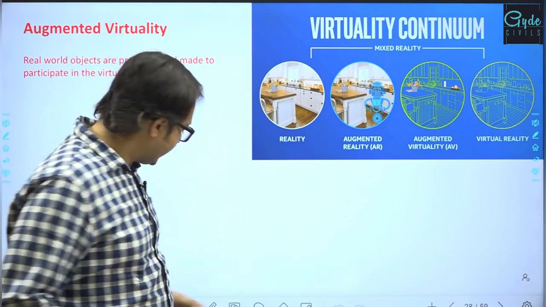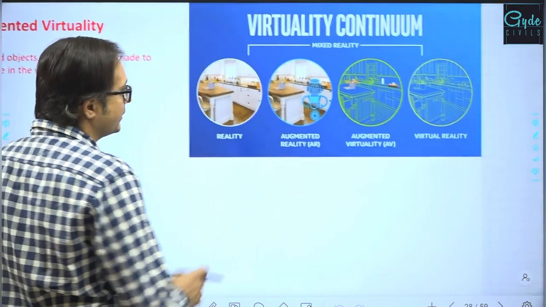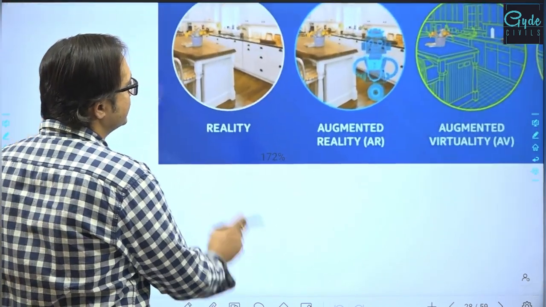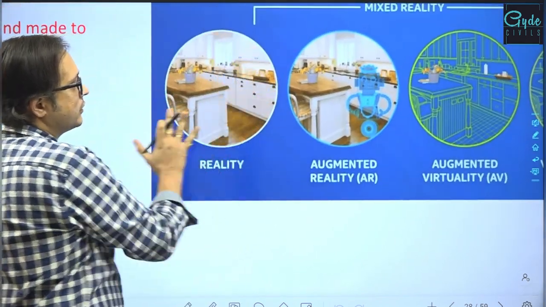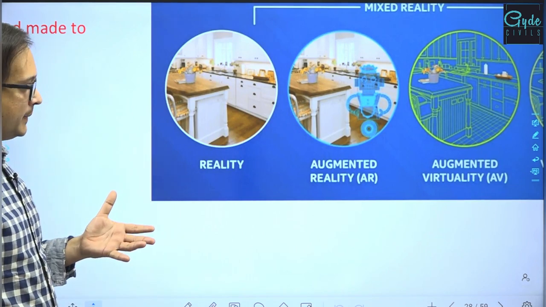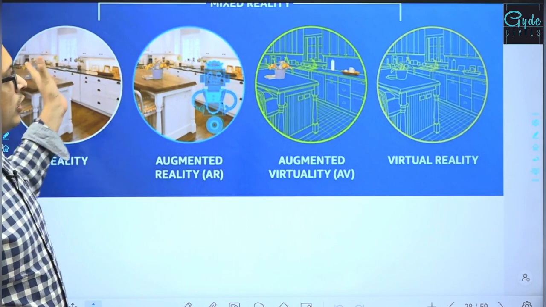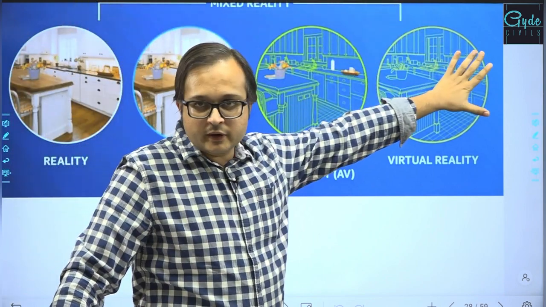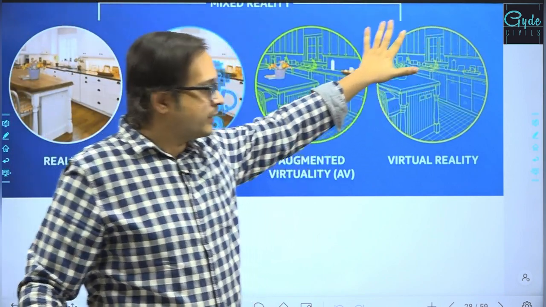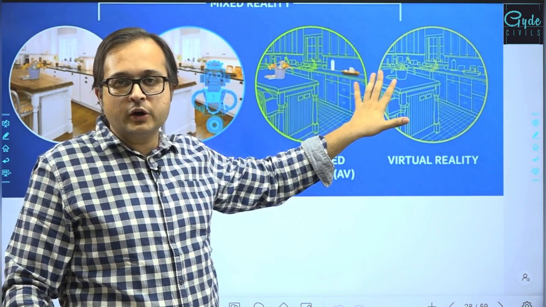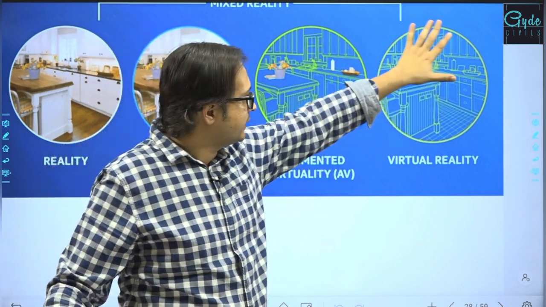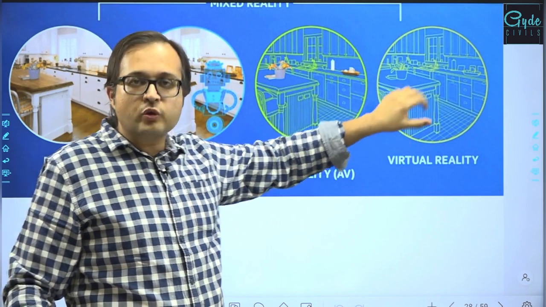Now when we try to identify the virtuality continuum, if this is the realistic surrounding which is being created, this is reality, right? And if this can all be brought into a graphical representation, this becomes virtual reality.